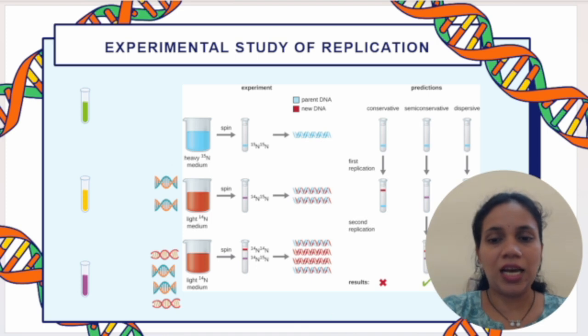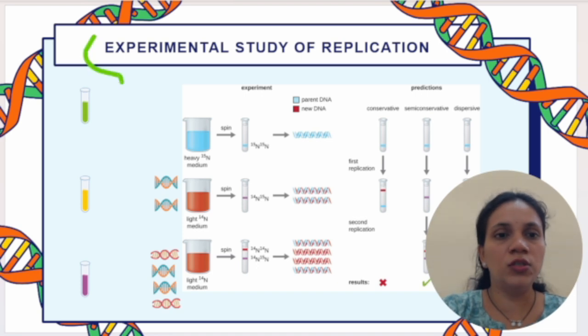If you see this diagram, as we all know, DNA has two strands. Meselson and Stahl grew the E. coli in a medium containing ammonium chloride with N15.